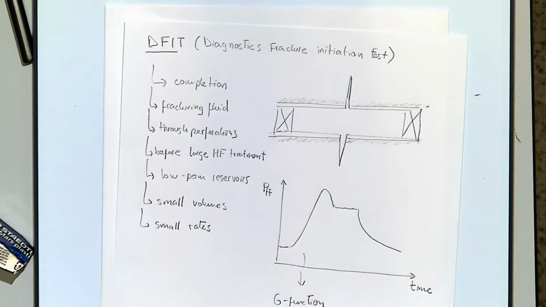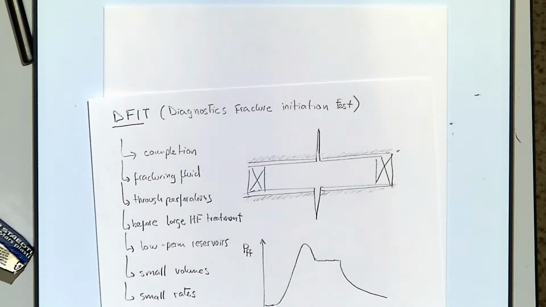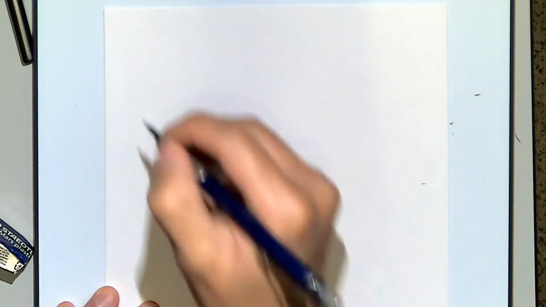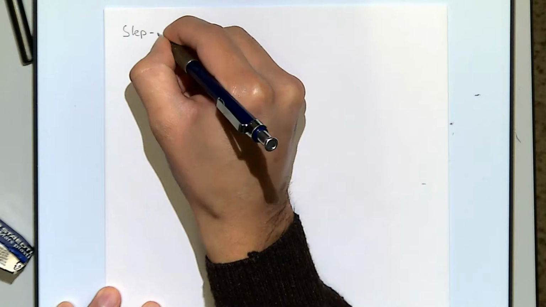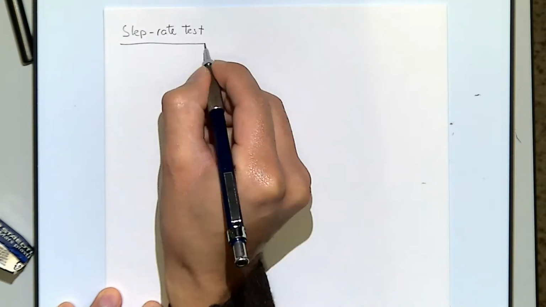is what is called the step rate test. Yes, Mr. Ewan, you have a question? No? Okay. So the third one is the step rate test. So what is the step rate test?